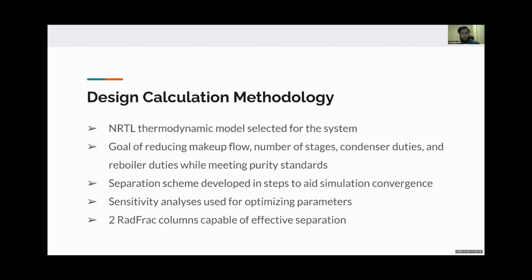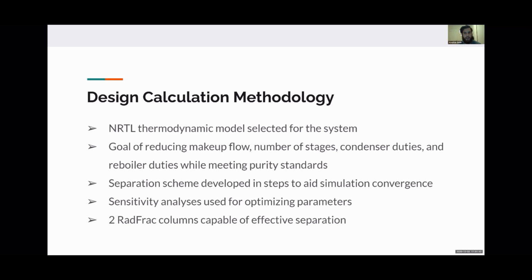All right, so in determining the separation scheme, the first thing we had to look at was the thermodynamic model that we selected from the options in Aspen Plus. So we selected the activity coefficient based non-random two-liquid model. The reason for this is we have a lot of polar compounds, and we also have to be able to model liquid-liquid equilibrium because it's extractive distillation.